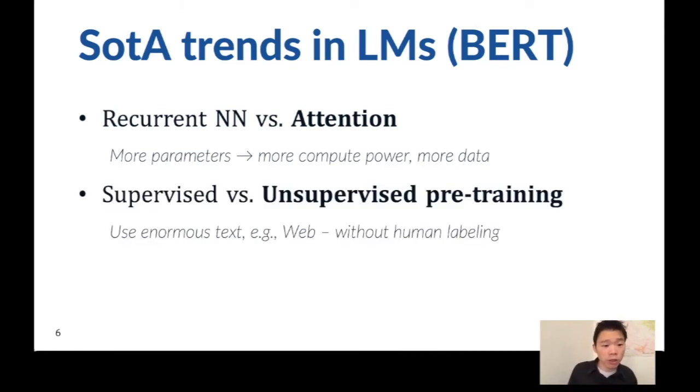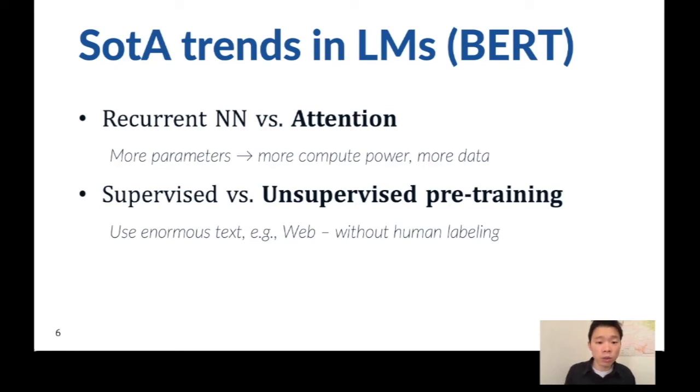Another area that we're moving to is, instead of having supervised training where people had to go through texts and say, here's the right way to look at this particular text, you can't do that for all of the web. So we're looking at unsupervised pre-training of language models.